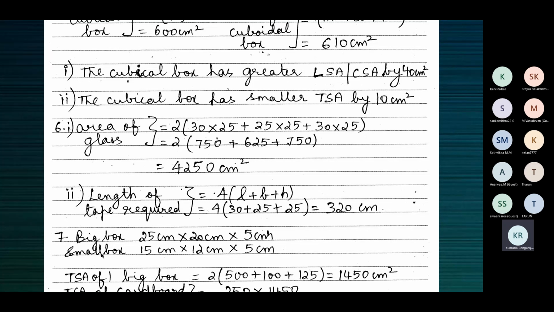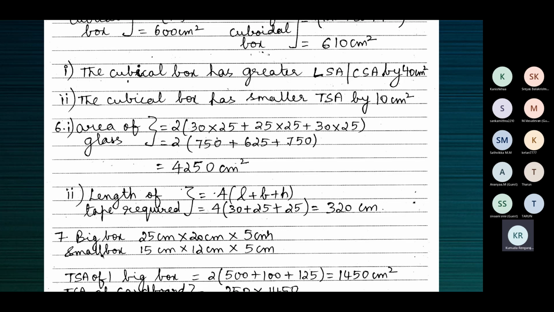So that's what is given. The sweet stall needs cardboard boxes to pack their sweets. They want 2 types of boxes, big boxes and small boxes. Dimensions given to you. 5% for all the overlaps.